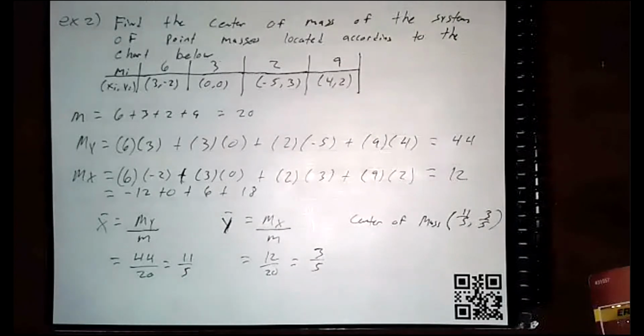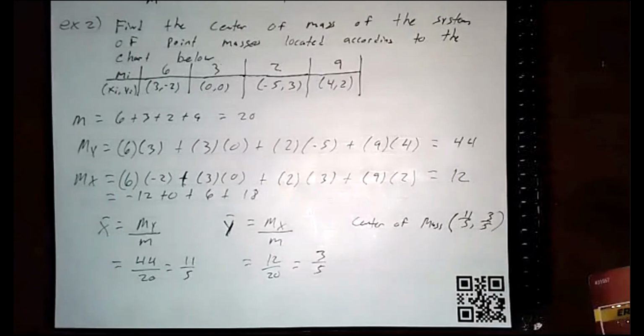All right. Well, now let's do, instead of having a chart, a function. So the function is going to create a bounded region, kind of like when we did 7.1, the area between two curves. But you're going to find the center of mass, assuming that region has uniform density.